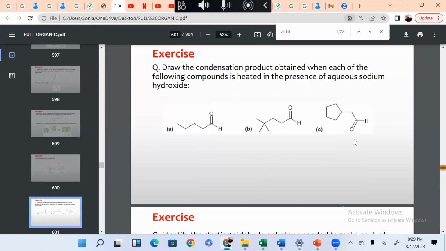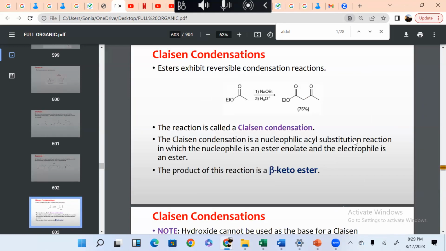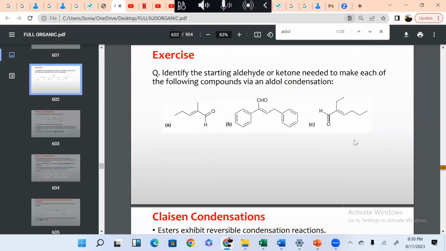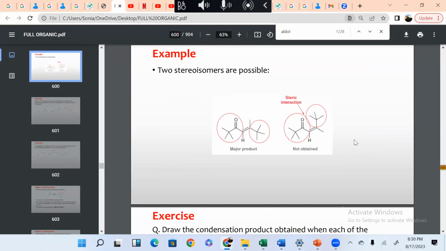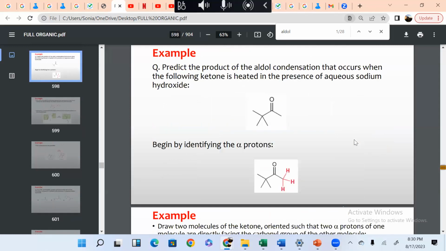We have here the condensation products for each of these. We could have done this, but time is not on our side. So that's basically the aldol condensation. I have skimmed through it, but time does not allow for us to go through each and every little detail.